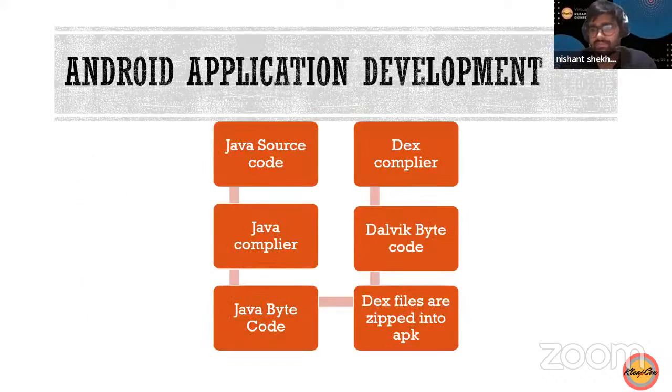I will talk a little bit about how an application is developed. First, a developer writes source code, which is in Java, a well-known language. Then the code goes to the compiler, then it becomes bytecode. Then it goes to a DX compiler.